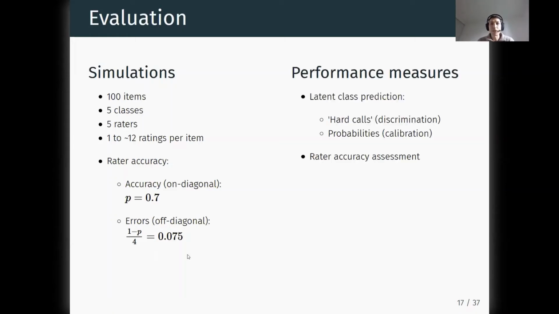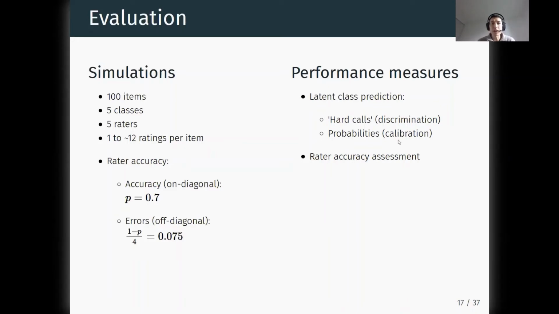There are various ways to measure performance, which relate back to the questions we started with. If we're interested in predicting the latent class, we could just take the hard predictions and assess what proportion of those are correct. Or we could work with the probability distribution and assess that in some way, something usually known as calibration.